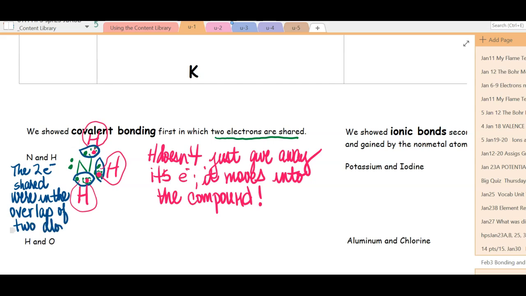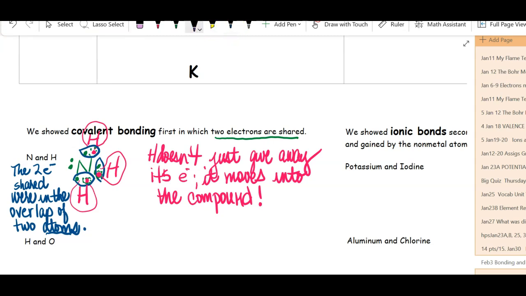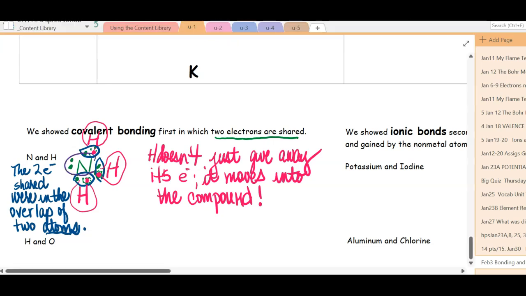No ions are formed. These are atoms. So hydrogen doesn't just give away its electron, it moves into the compound, and that's what we see happens. So then we have a nitrogen. Let's make it a purple. Nitrogen is an atom, and each hydrogen is an atom, and they're sharing the electrons between them. So this is how a covalent bond works.